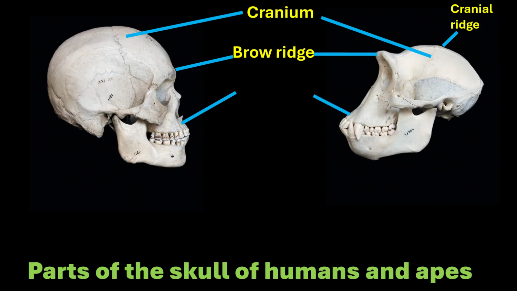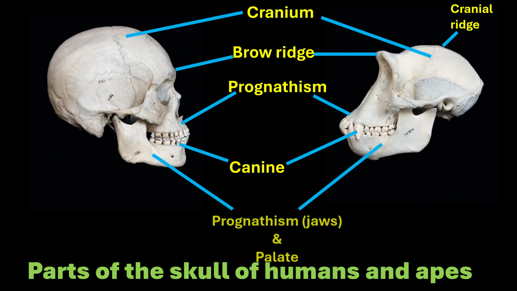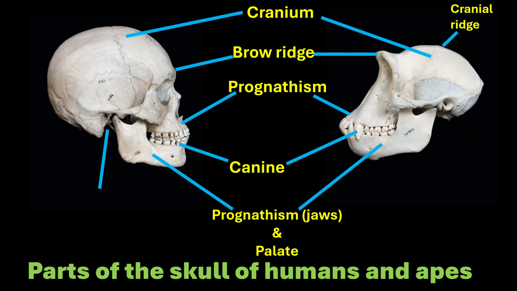If you look at their prognathism, you can tell one is more prognathous, the other is less. Then the dentition, that's the canine, you can tell the difference between the two. We also have the jaw size, which goes with the palate and the prognathism.